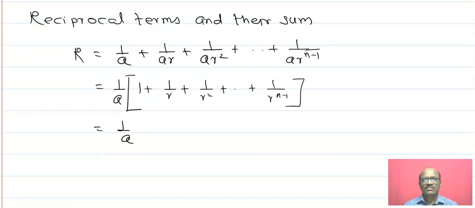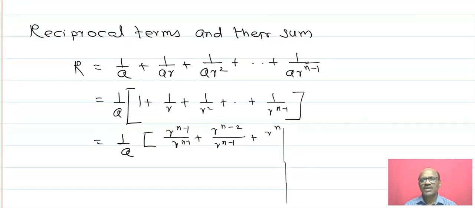Therefore, 1 upon a in bracket, this is a geometric progression again, and it is written in this manner: r raised to n minus 1 upon r raised to n minus 1. Now what is here? 1 is written as 1 upon 1, and to the 1 he multiplied r raised to n minus 1 upon r raised to n minus 1.